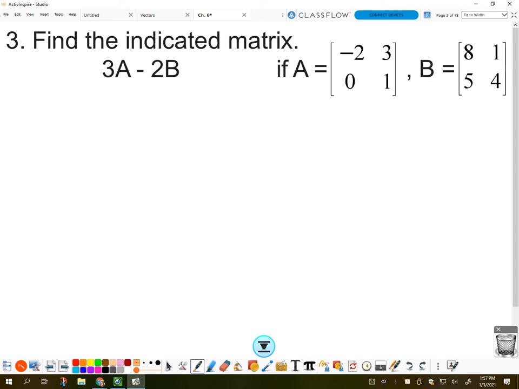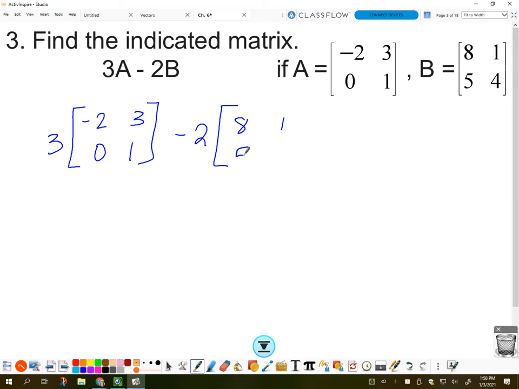Alright, so for me to do 3A minus 2B, if I write that with the actual matrix in the place of A, and the actual matrix in the place of B, then it's almost an order of operations. We're going to multiply by the scalar, and it just distributes and multiplies to everything in there.